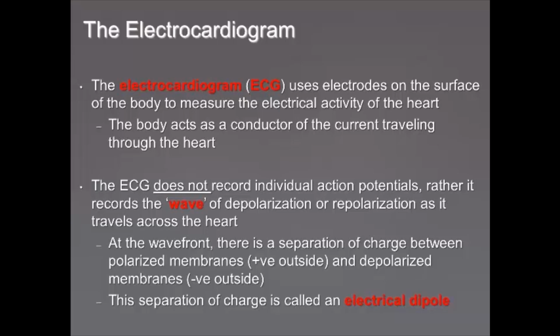With depolarization we think of this negative wave front moving across the outside of the myocardium, and repolarization we'd think of as the positive wave front moving back in the other way. This wave front is just a separation of charge, and what we're really looking at is an electrical dipole, and that's what allows us to use the ECG this way to see where the rhythm is going.